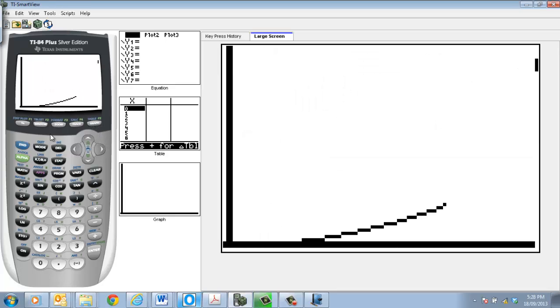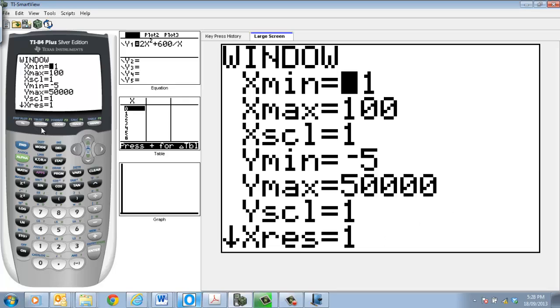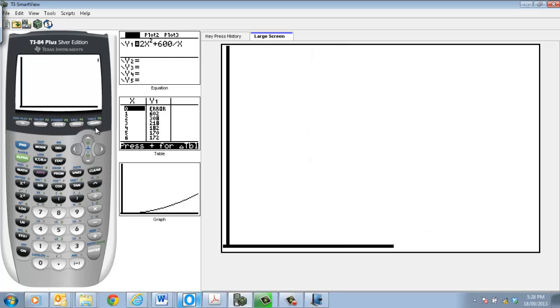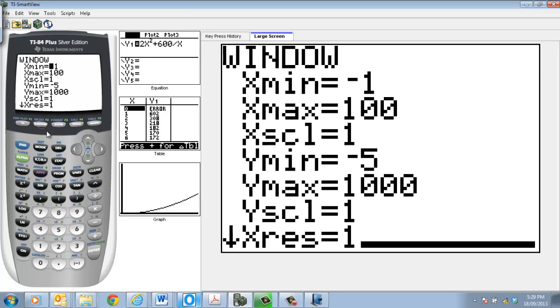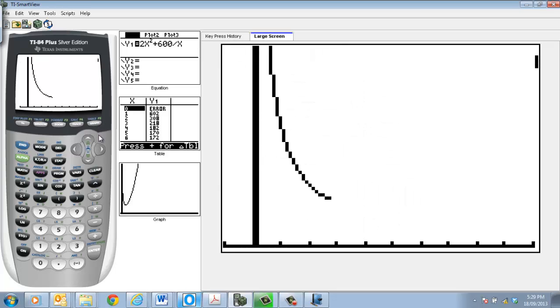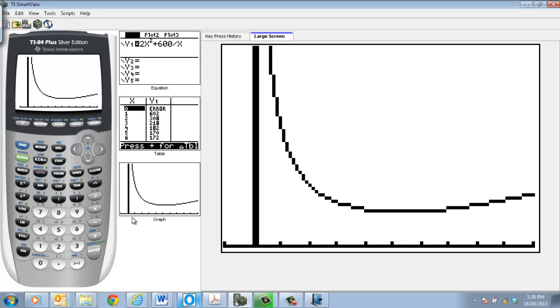You can see our scale is a bit big, so we have to change our y scale, maybe not 50,000, maybe 1,000. Graph that. We could also change our x value, maybe make that 10. So you get an idea, and you can sketch that graph.